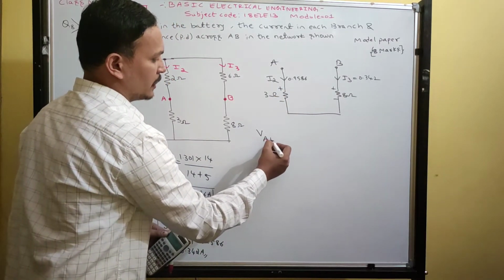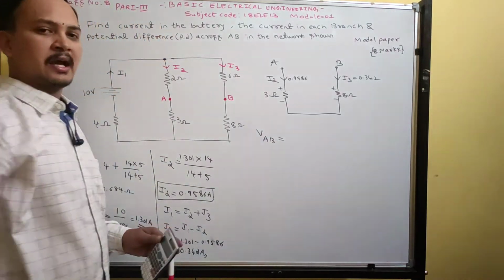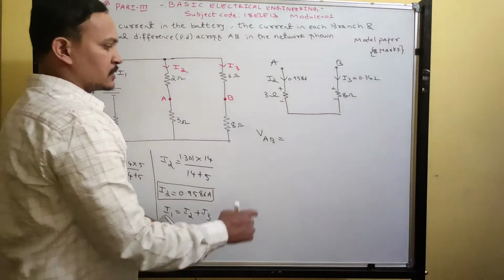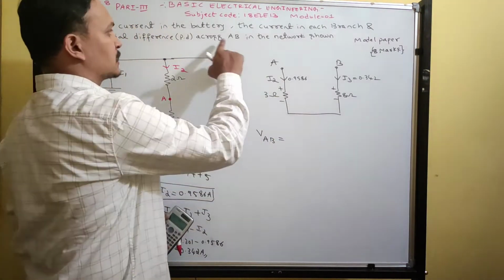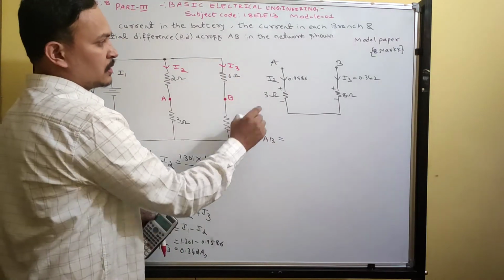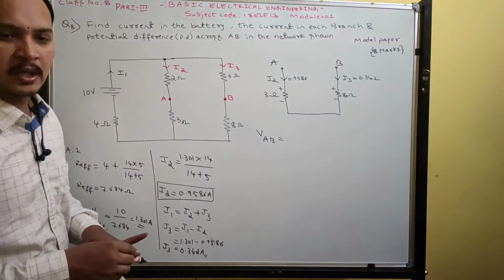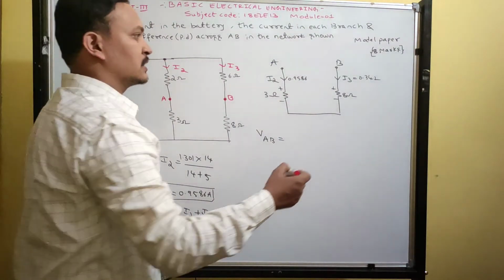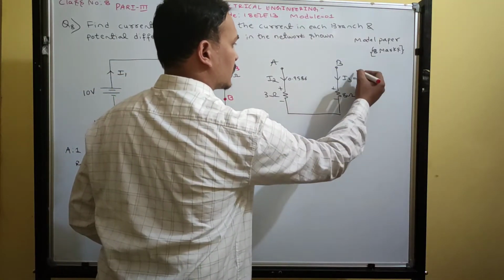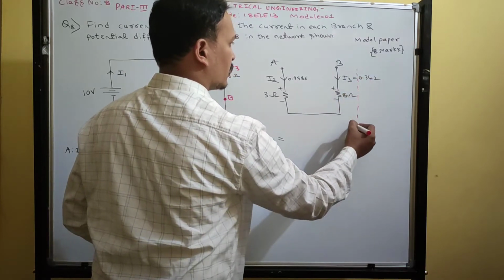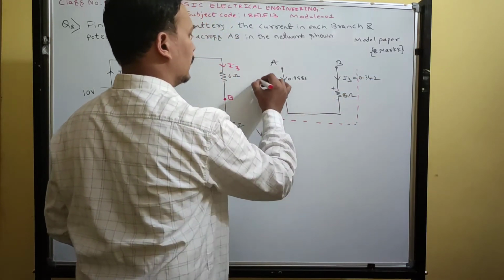Now I need to find voltage between the points A and B. So VAB is nothing but measuring voltage at point A with respect to point B. Therefore my traverse direction should be from B to A.